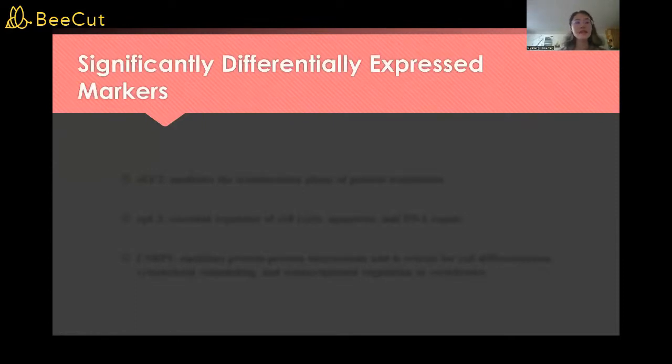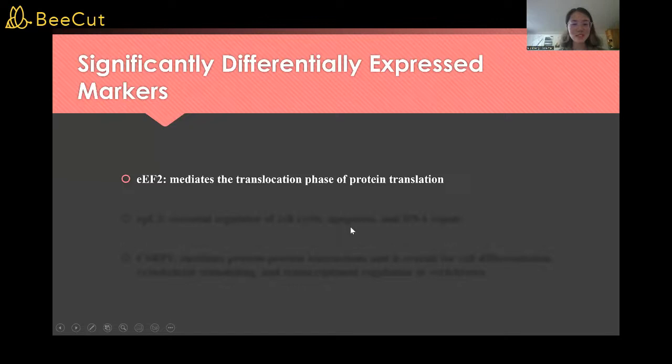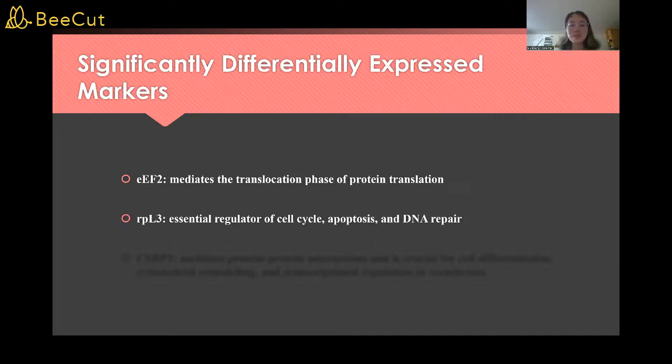Now discussion. These are the functions of some of the significantly differentially expressed markers. First, EEF2 mediates the translocation phase of protein translation. Also, in higher eukaryotes, EEF2 may be one of the important elements in regulating protein synthesis when there is a lack of energy. Then RPL3 is an essential regulator of cell cycle apoptosis and DNA repair.